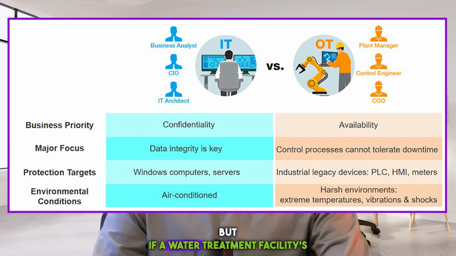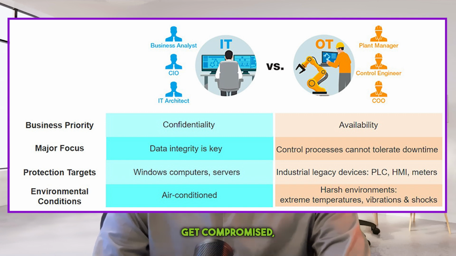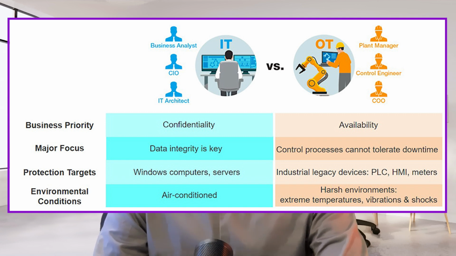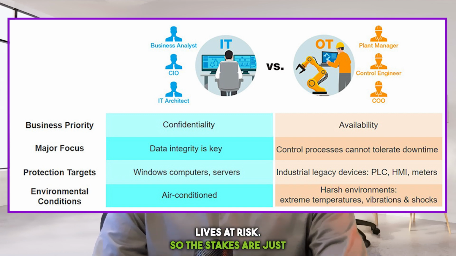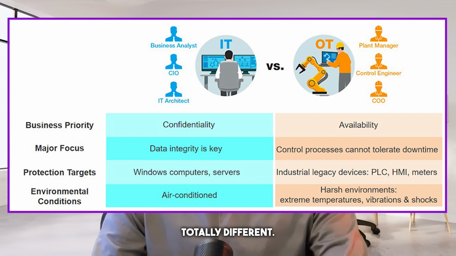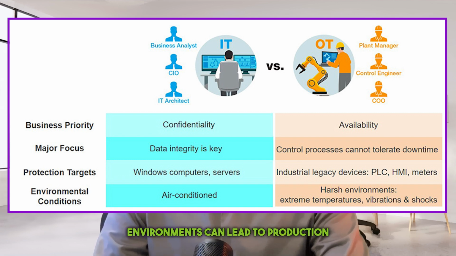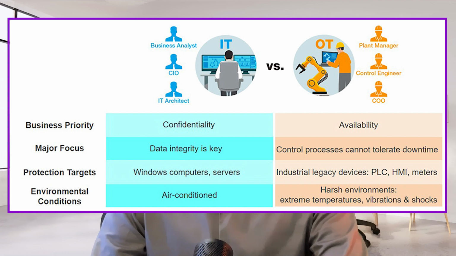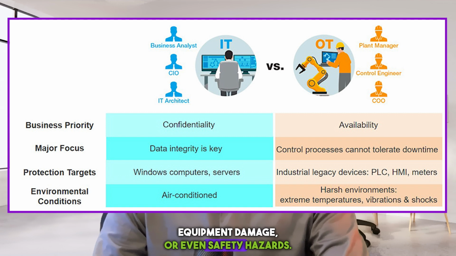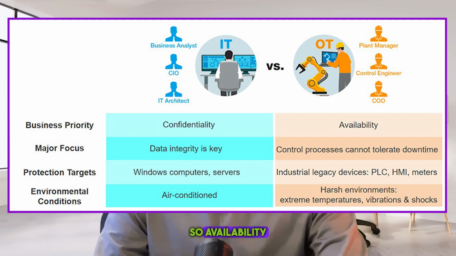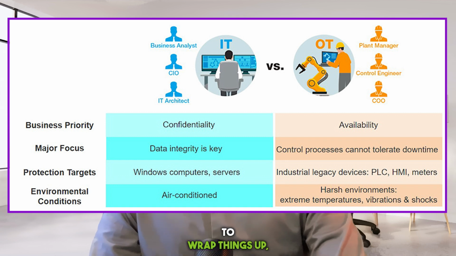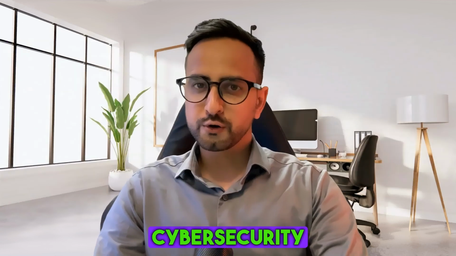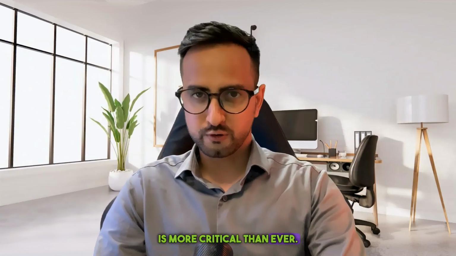But if a water treatment facility's OT systems get compromised, it could mean a contaminated water supply or worse, lives at risk. So the stakes are just totally different. Downtime in OT environments can lead to production losses, equipment damage, or even safety hazards. So availability is king.